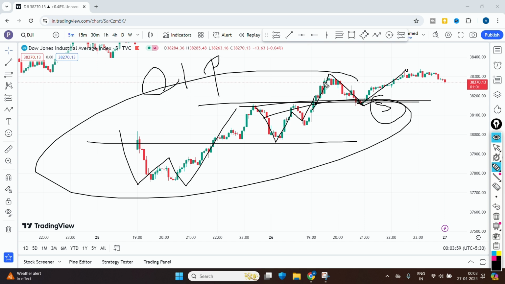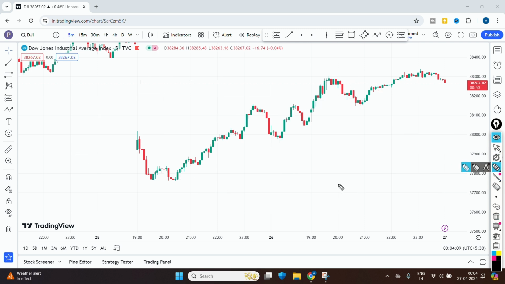Now what is the exact setup, where you need to get the entry, where you need to take the trade? I am coming to this point. So look at this exactly. The market opens here, comes downside, goes upside, then again comes downside. Whatever the market does, it should make a high level.